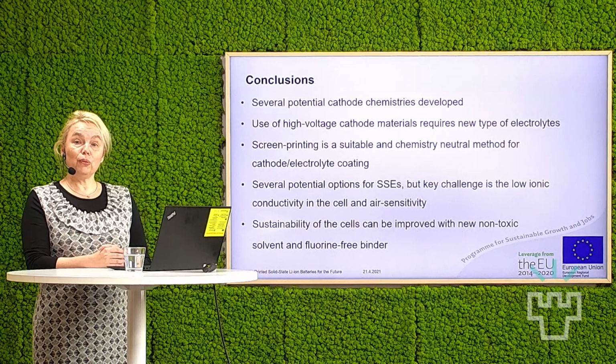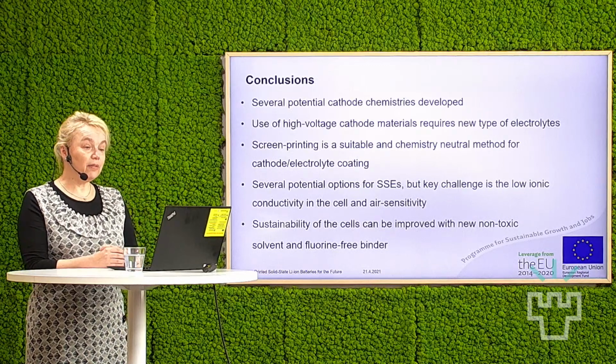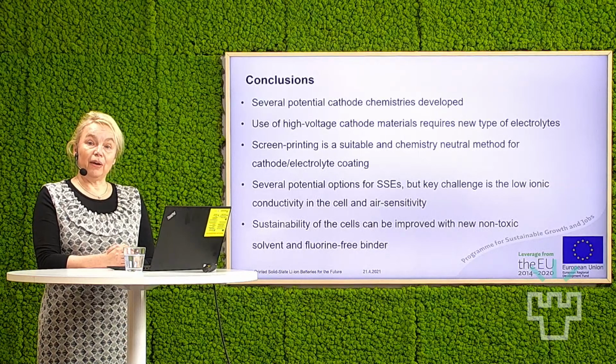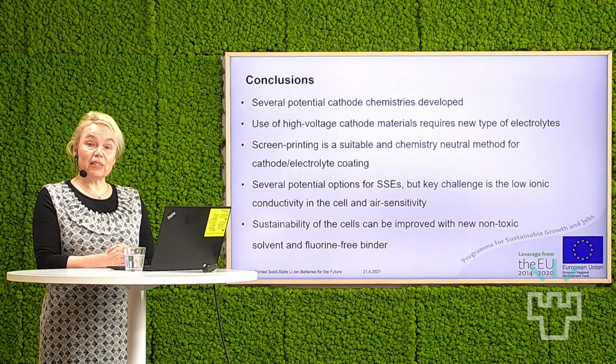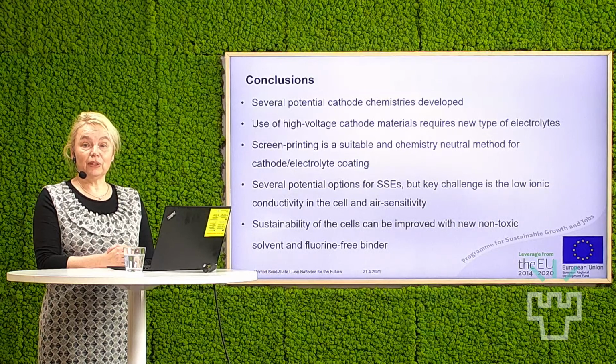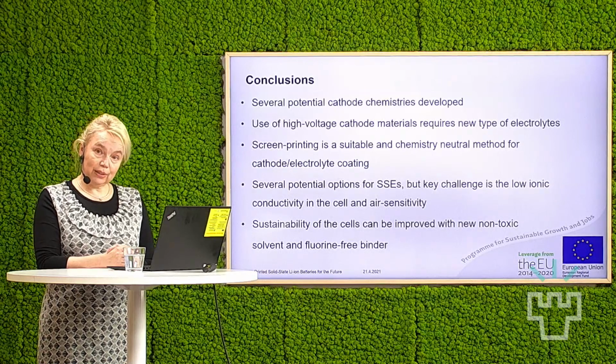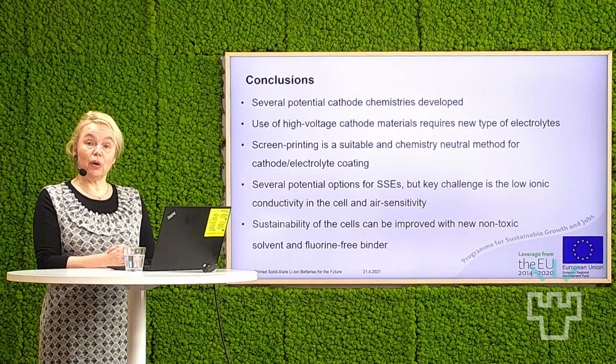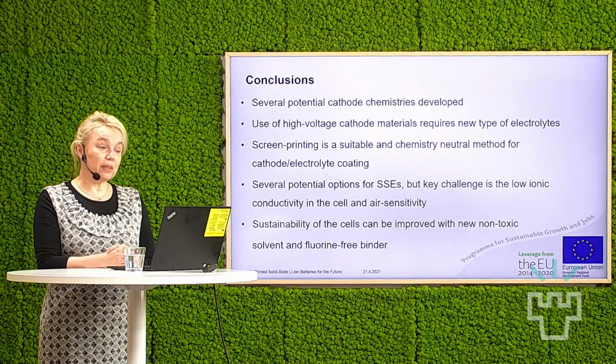So to conclude, on a general level, so far we have already coated cathode and anode materials by screen printing without any challenges. Basically our cells work like our reference cells in battery testing.